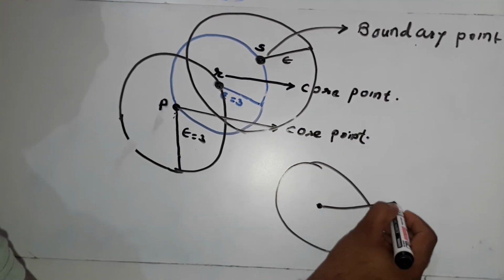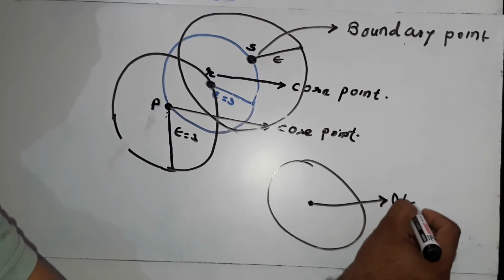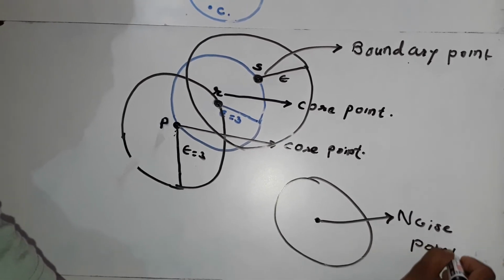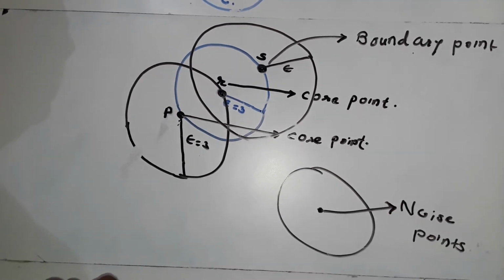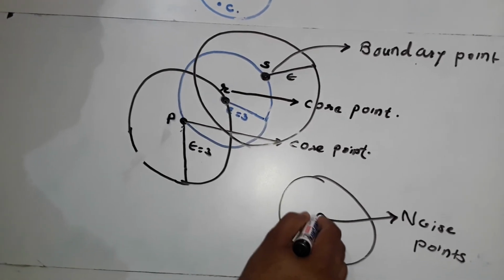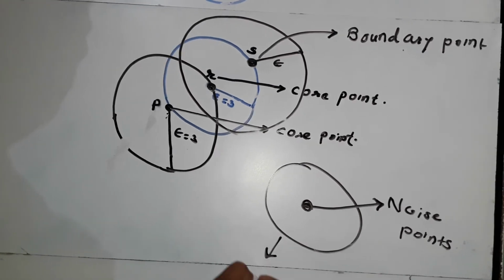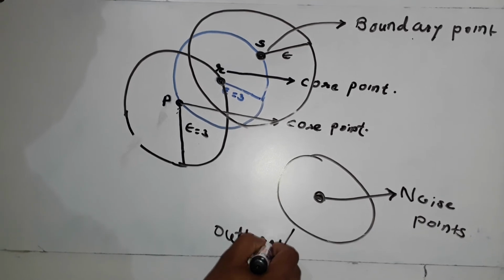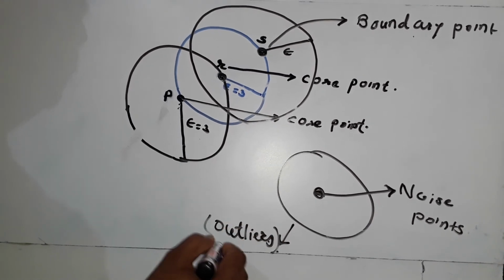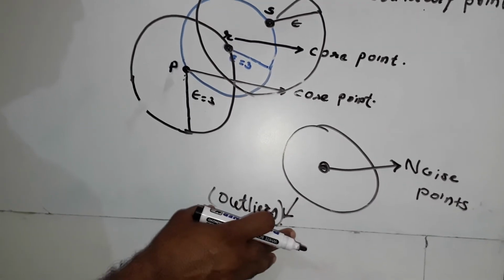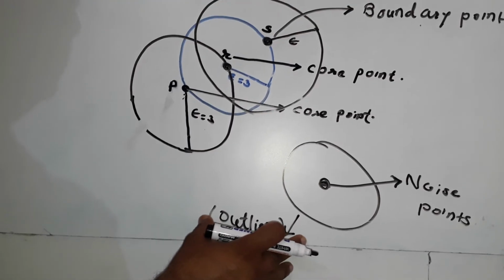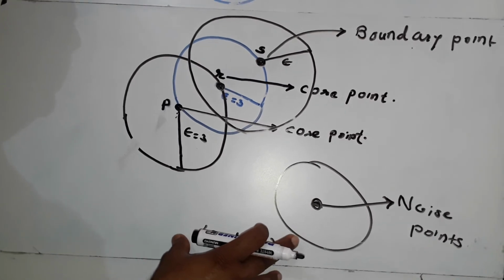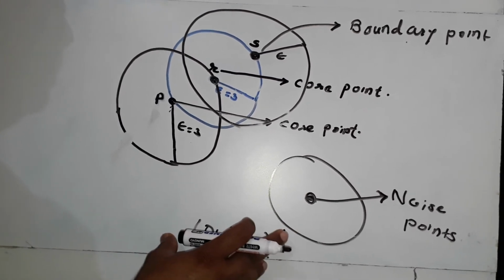These kinds of points are called noise points, and these are basically the outliers, which are mainly used to find fraudulent occurrences in transactions.